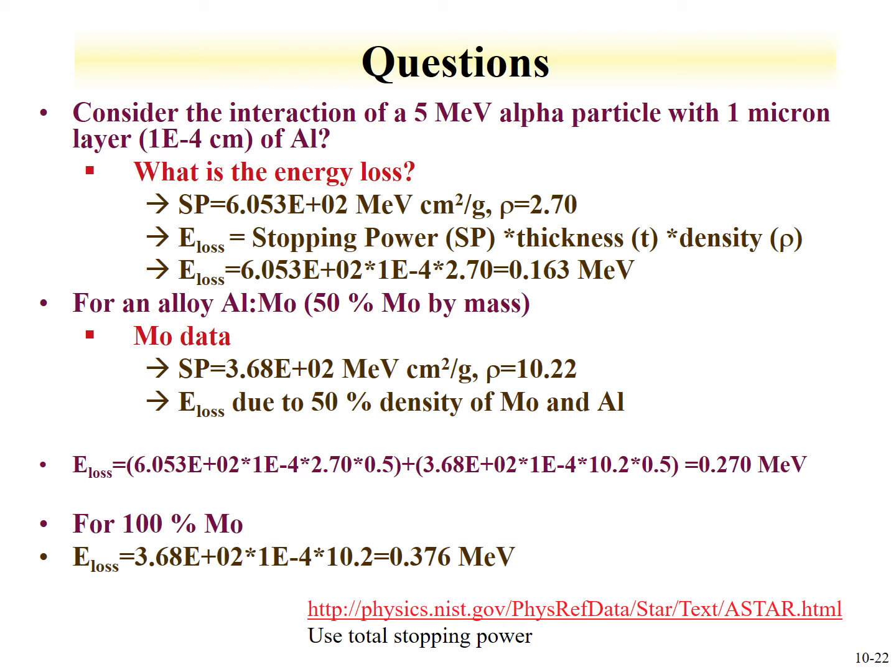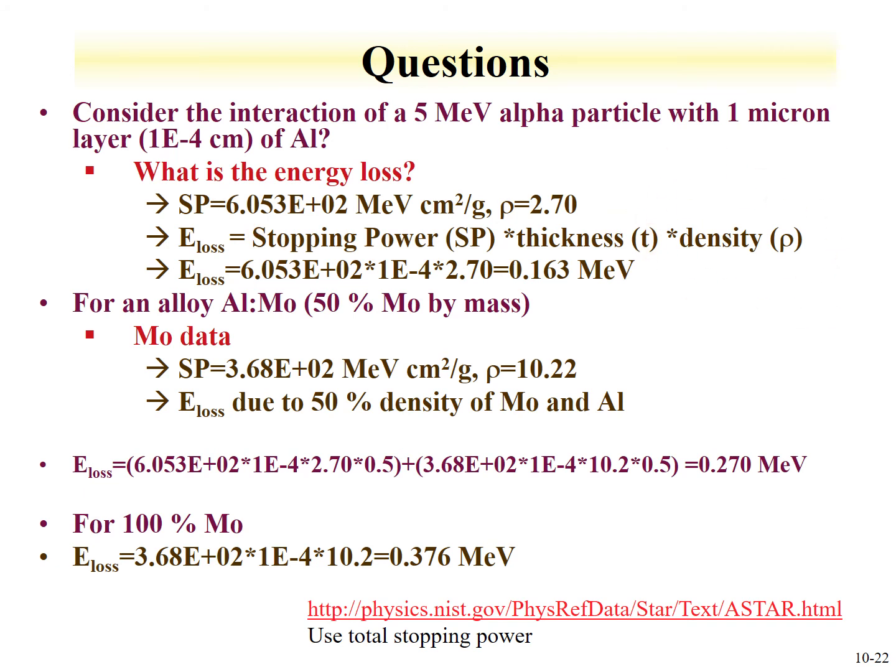So for example, consider the interaction of a 5 MeV alpha particle with a 1 micron layer of aluminum. Again, we want to utilize the equation to determine the energy loss. The energy loss is stopping power times the thickness times the density.